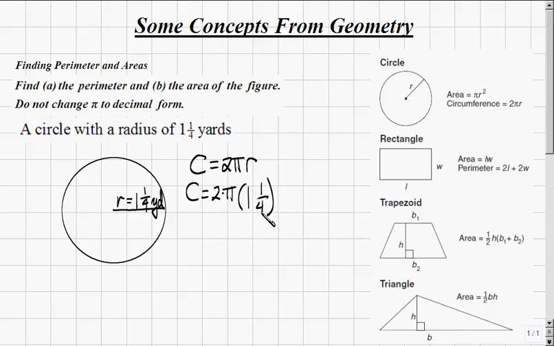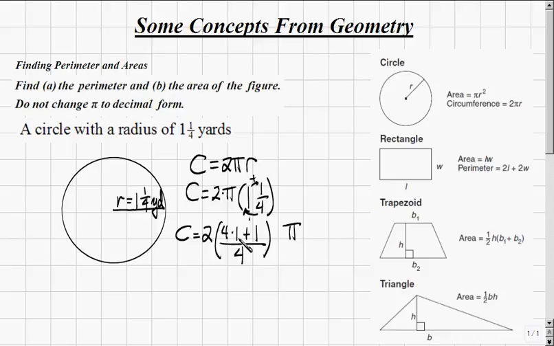To convert 1 1/4 to an improper fraction, we'll multiply 4 times the whole part, 1, and then add that to our numerator and write that over the denominator. So, rewriting everything. First of all, we'll write the 2 again, and we'll write the pi at the very end. 1 1/4, to convert that to an improper fraction, will be 4 times 1 plus the numerator 1 over the denominator of 4.